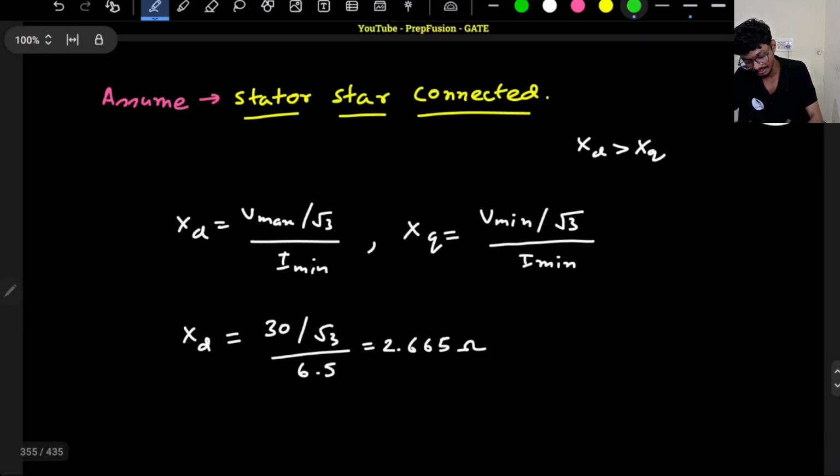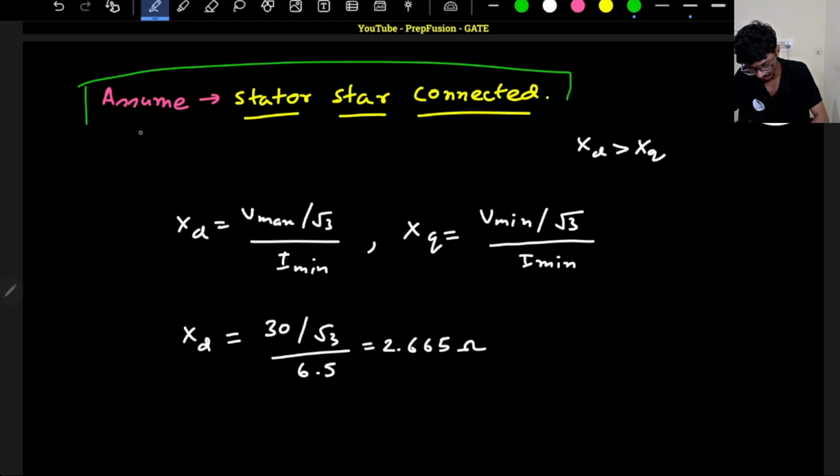Here they have told us it is delta connected, so I will not assume this, because it is already mentioned. I will use the star assumption only when nothing is mentioned.